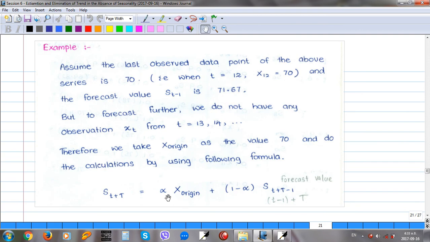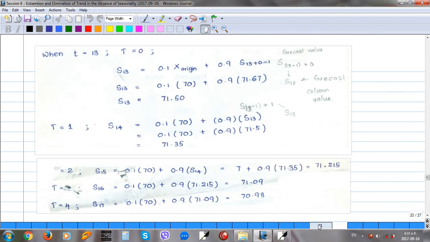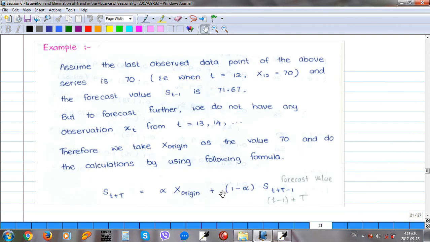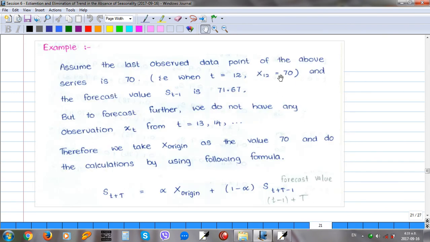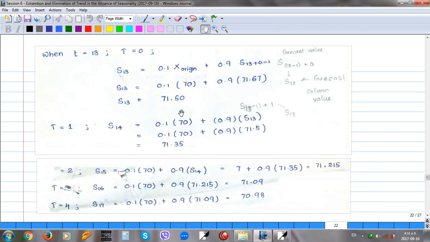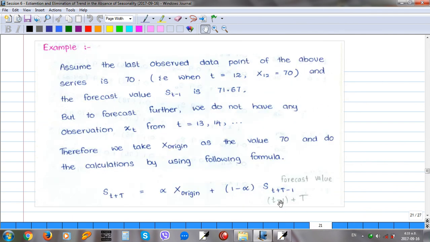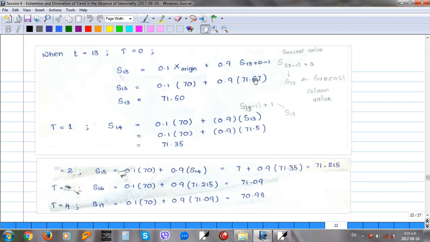Alpha is given as 0.1, x origin is given as 70, and 1 minus alpha is 0.9. Then here st minus 1 plus T minus 1 means s12, since t equals 13.